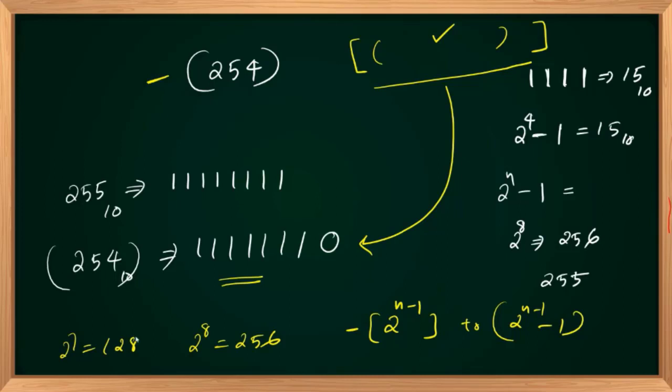You should go for n minus 1 equal to 8. Then only you can include minus 254 in your range. So n should be equal to 9. 9 digits are required, but we are having only 8 digits.